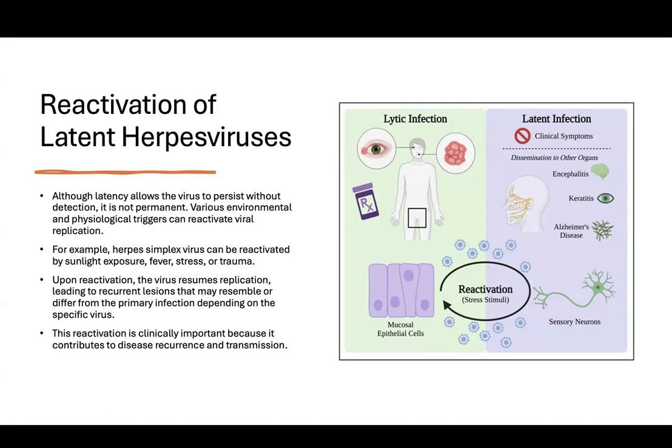How do these triggers induce reactivation? Again, it's not known. It's really, really not known. And what happens is that the virus resumes its replication and can technically lead to symptoms again. And you go on this loop of latency and lytic infection and back again, on and on and on for the rest of your life.